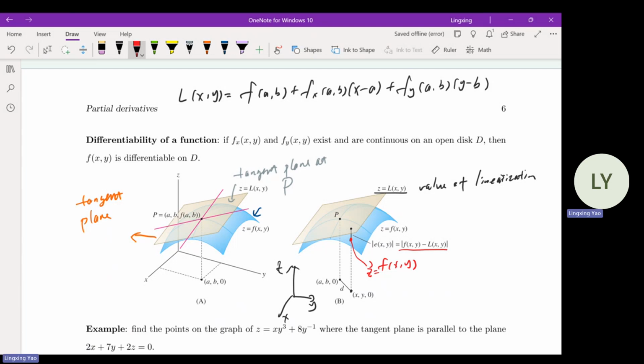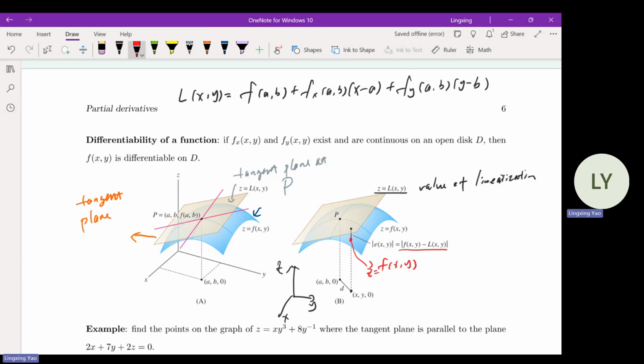And this difference is the difference we had when we talked about the linear approximation, right? And this is also the error that we were talking about a moment ago.